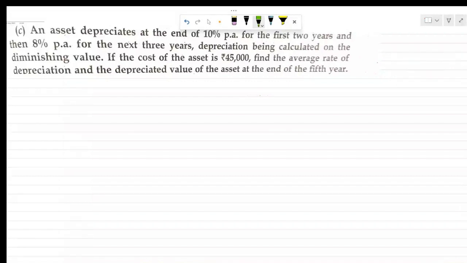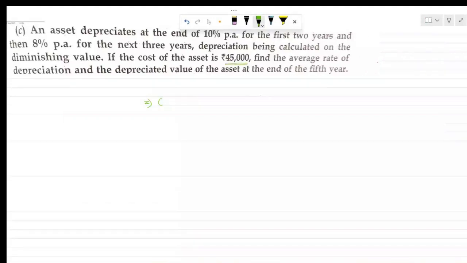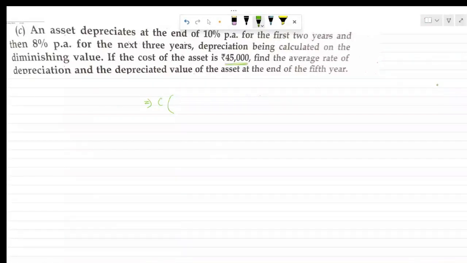So now see, we are talking about year number 5. The value of machinery at the end of 5 years will be your cost of the machinery initially, that was 45,000, times 1 minus my rate of interest.